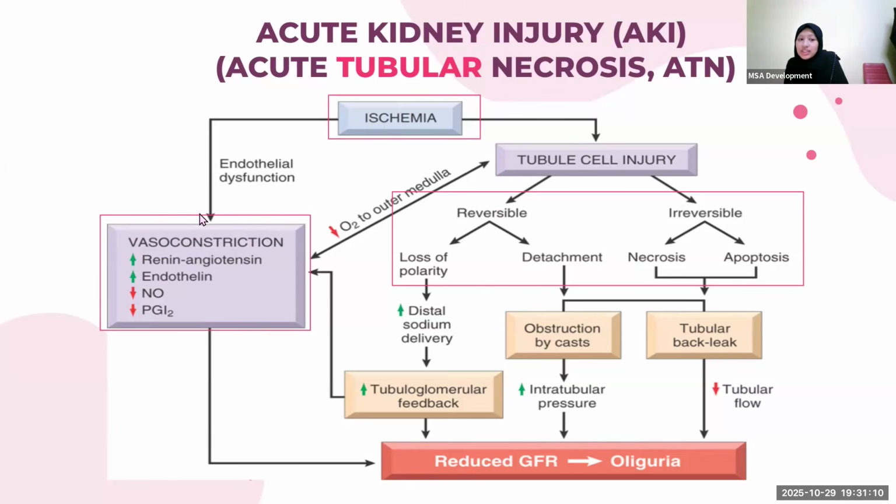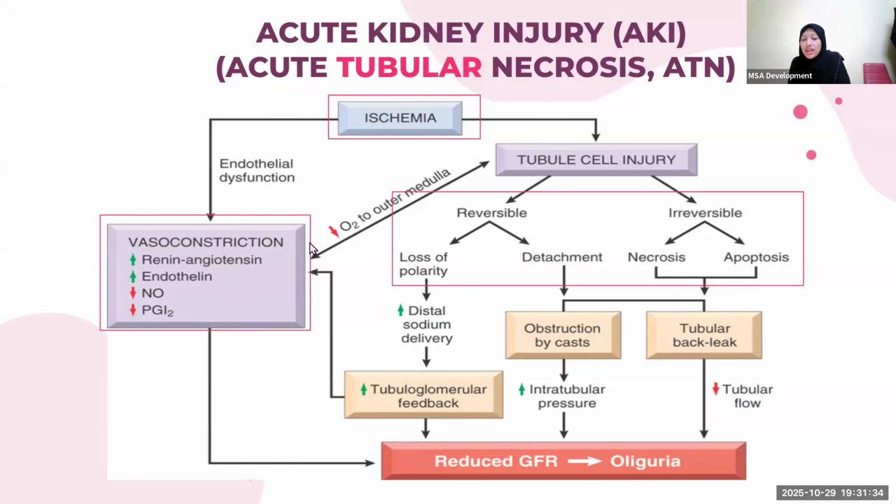So ischemia will cause less blood to go to the kidneys, less filtration, and vasoconstriction happens to reabsorb everything. Vasodilators are reduced. Endothelin is a vasoconstrictor. It's released because of damage to the tissues. And the RAS system is activated to increase blood pressure because of the ischemia.